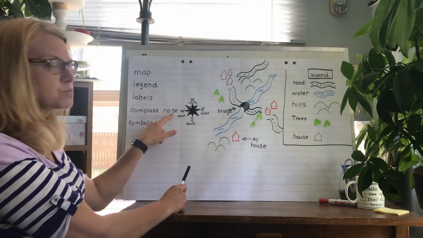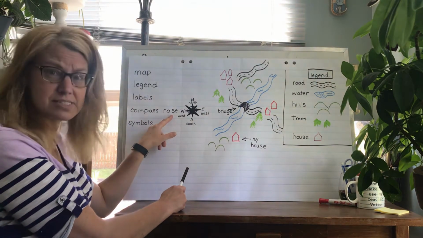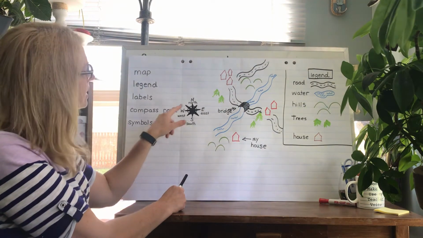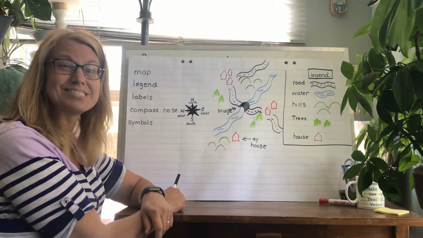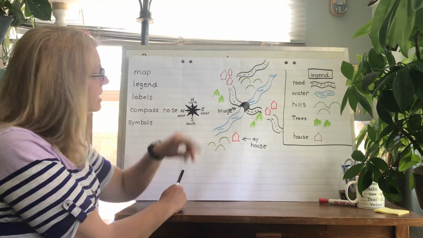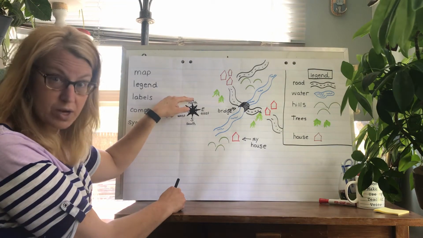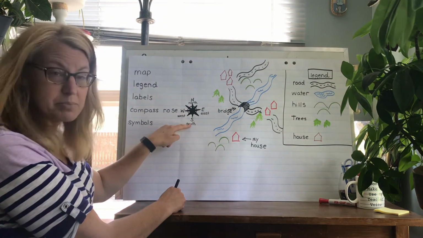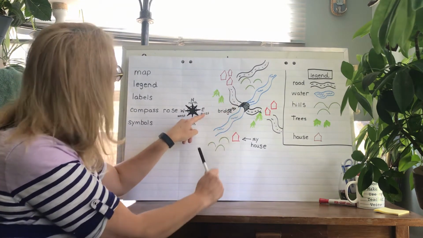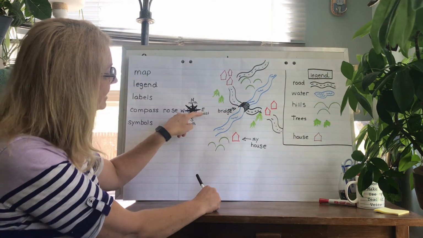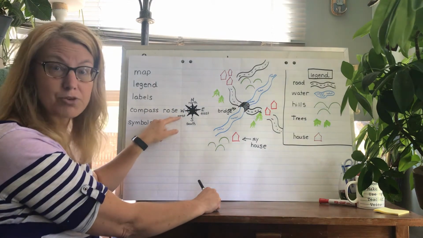A compass rose. That's a huge word and something very different than what we have learned before. This is a picture of a compass rose, and a compass rose has directions. Now, these directions, the top is always north. The bottom is always south. On the right side is east or E, and on the left side, it's W for west.